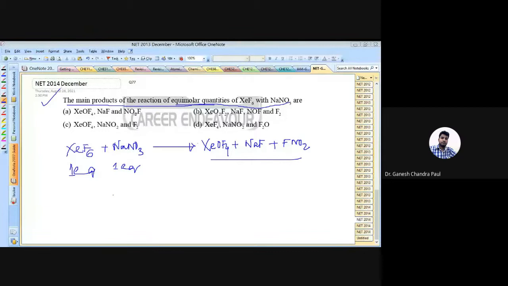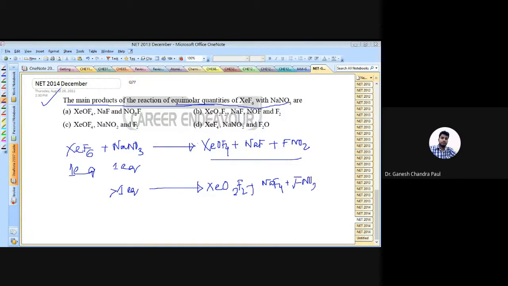If you take excess, greater than one equivalent, of sodium nitrate along with xenon hexafluoride, you will get a different product: another xenon oxofluoride, XeO2F2, plus sodium fluoride as a byproduct, plus, as I already mentioned in the first reaction, nitryl fluoride, FNO2.